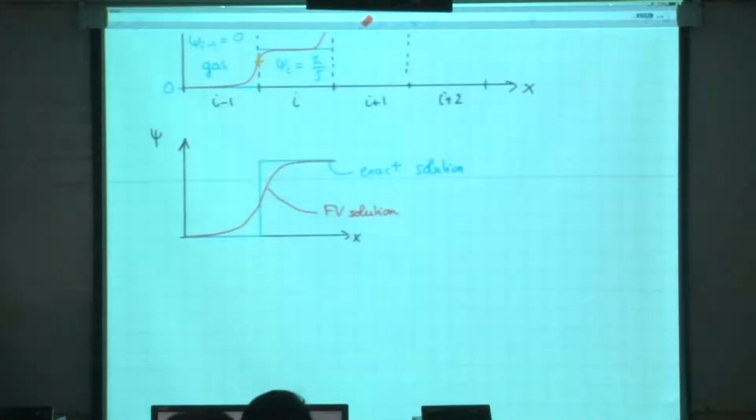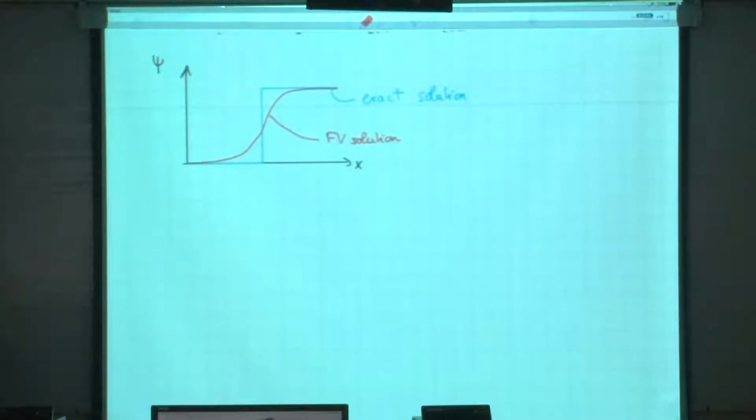This numerical diffusion is unavoidable when you're dealing with this discontinuous function.